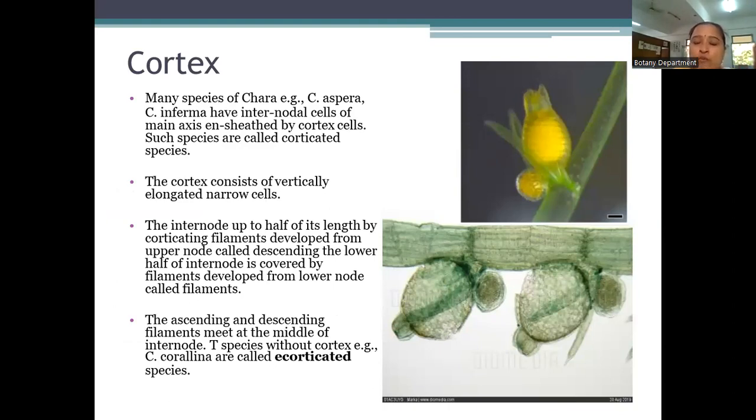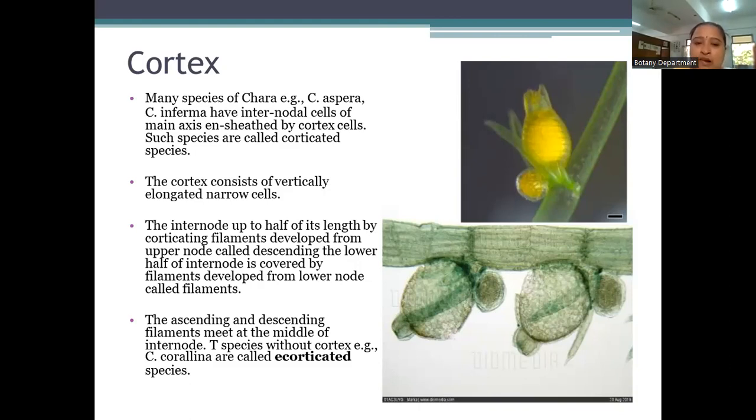Internodal cells of the main axis are ensheathed by the cortex region. Such species are called corticated species. Why? In the internodal part, a cortex region sheath of cells is present, that's why these are corticated species. Here, the cortex consists of vertical, elongated, narrow cells.